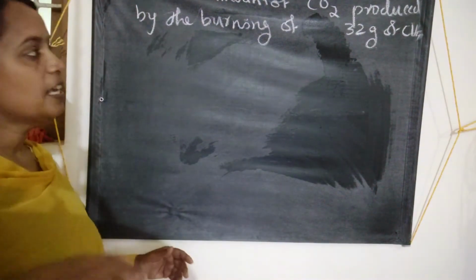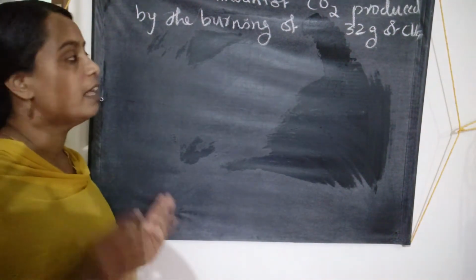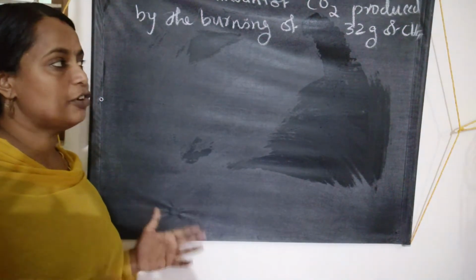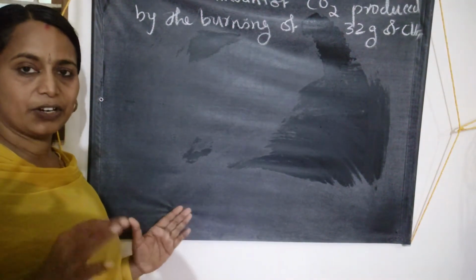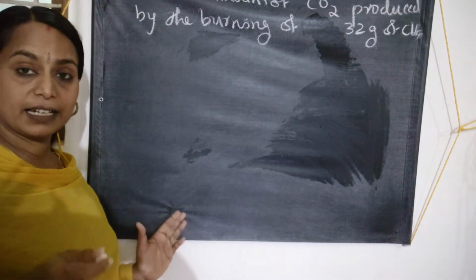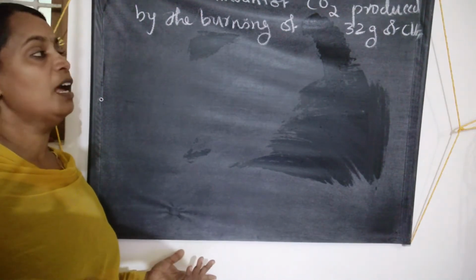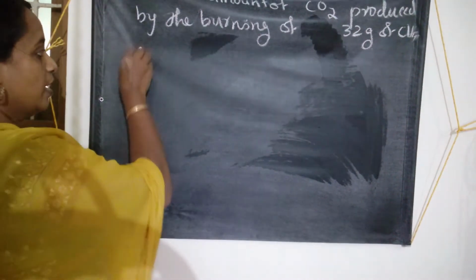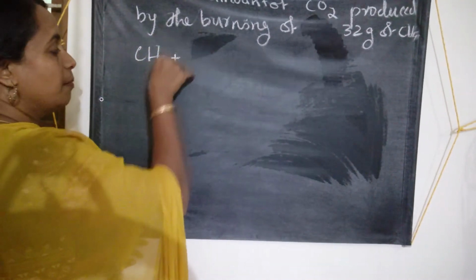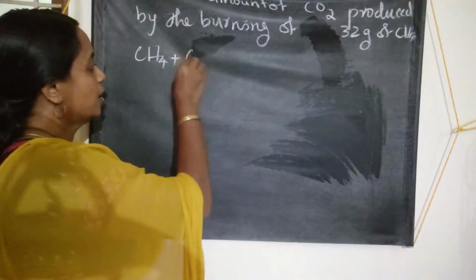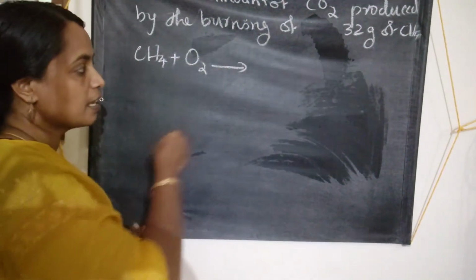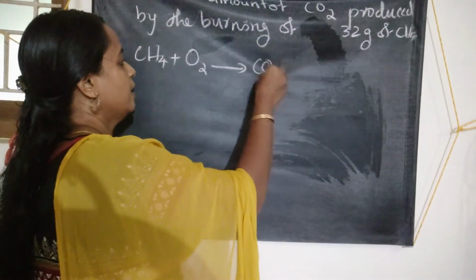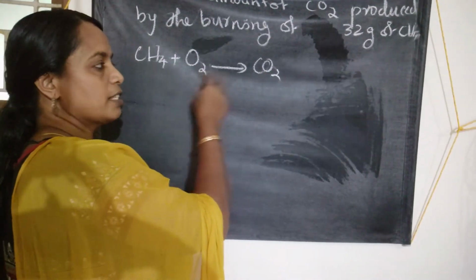For this, we have to write the balanced chemical equation for the combustion of methane. First, write the balanced chemical equation representing the burning of CH4. Burning means reaction with oxygen: carbon burned in oxygen forms carbon dioxide, hydrogen burned in oxygen forms water.